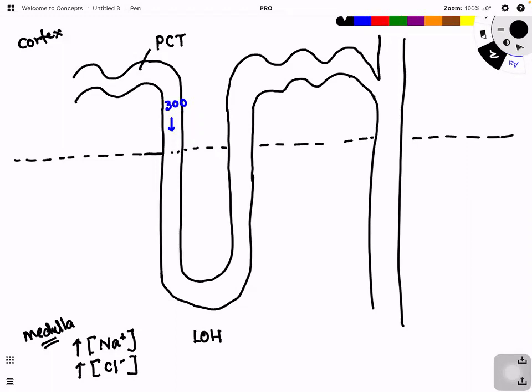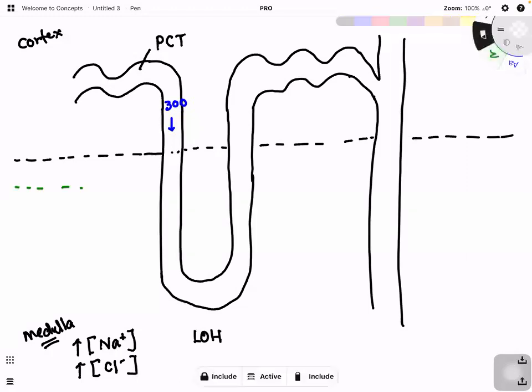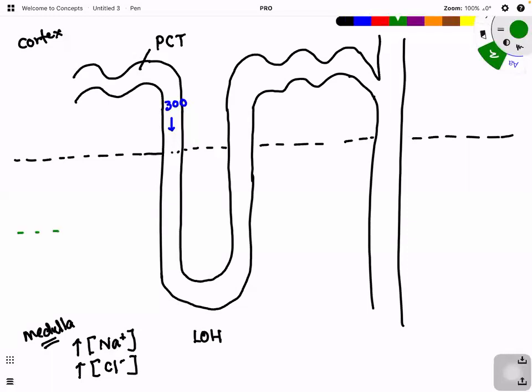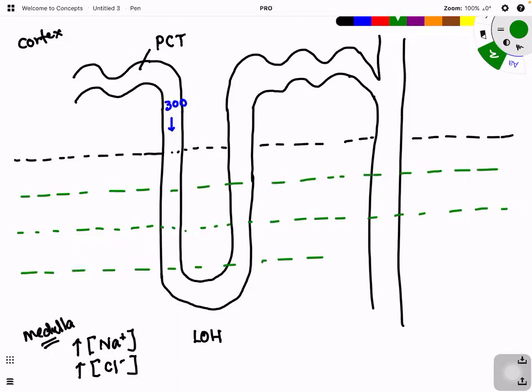What does it mean, gradually changes? If I divide the medulla into 4 regions, you realize that in each region the osmolarity is very different.